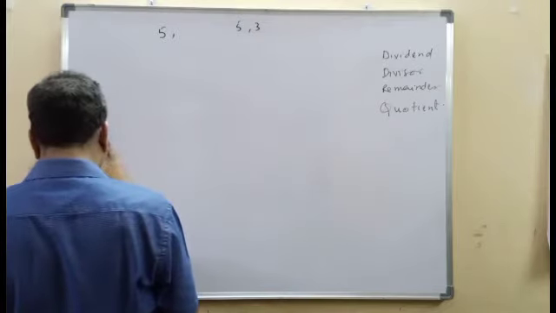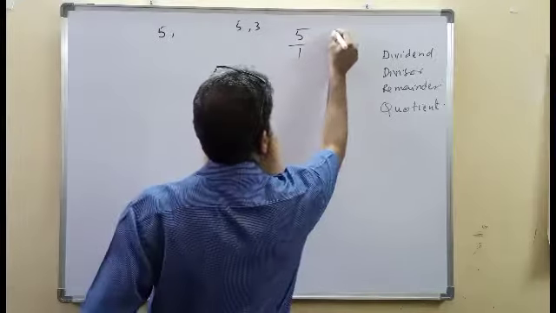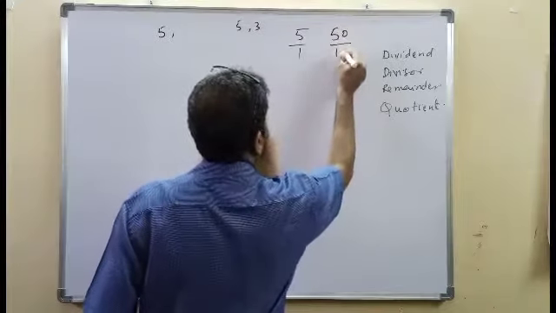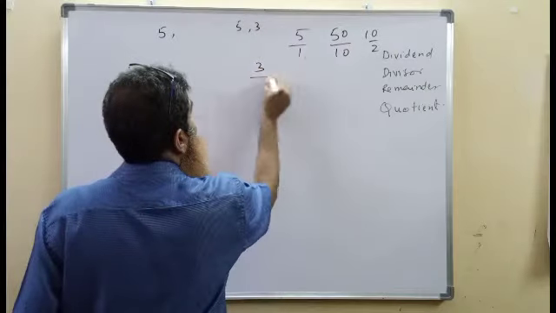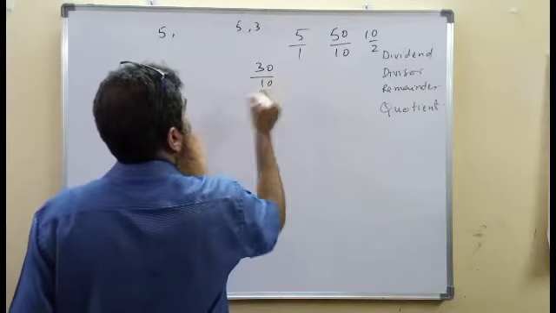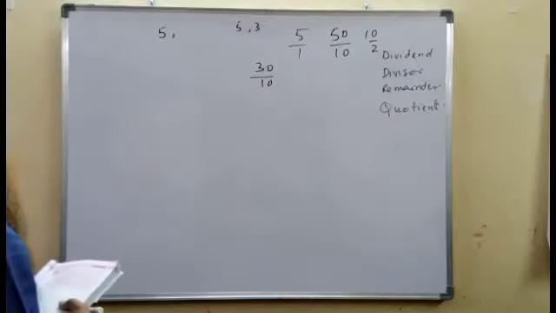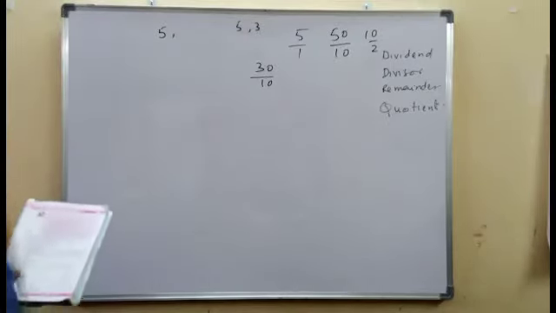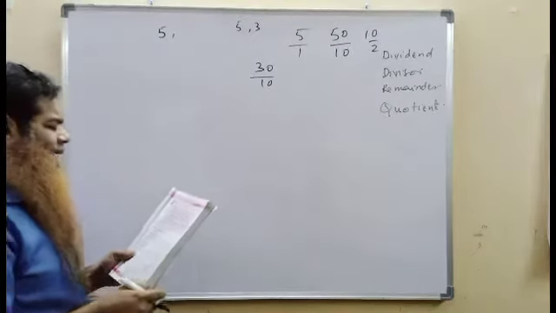As we know, 5 can be represented as 5 by 1, 50 by 10, 10 by 2, and 3 can be written as 30 by 10. So both can be written in the form of p by q, so both are rational numbers. We agree with Sakshi.